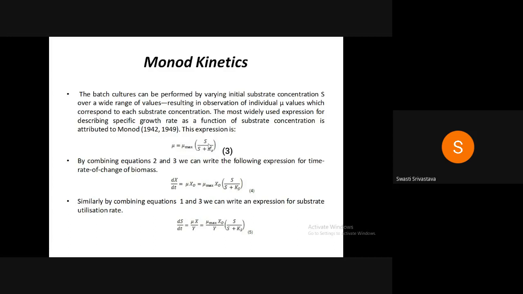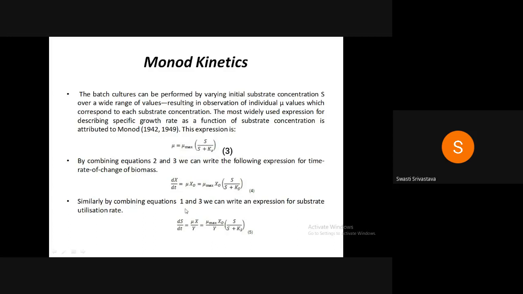So, by combining the first equation that we observed in the last slide with the second equation, we can write the following expression for the time rate of change of biomass, that is, how much the change in biomass occurs with the elapse of time. That gives you the relation dx/dt = mu x0 = mu max x0 (S/(S + Ks)).